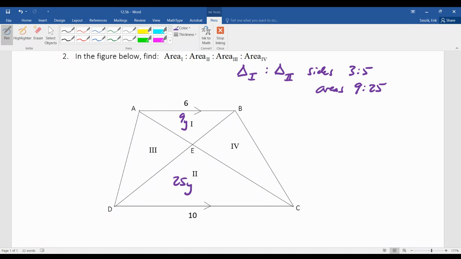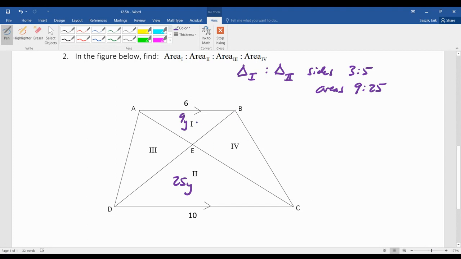All right. So now let's go back, we have to relate triangles 3 and 4. Take a look at these two triangles here. These two triangles have this shared invisible height right here.